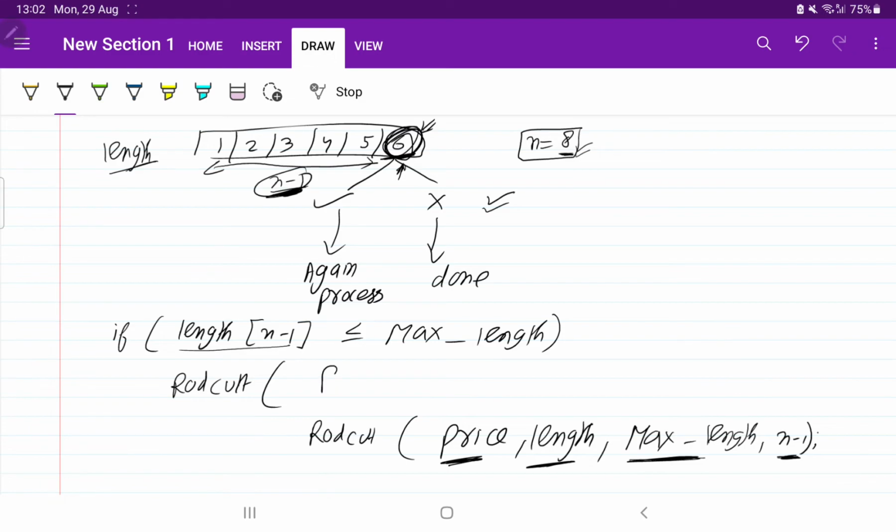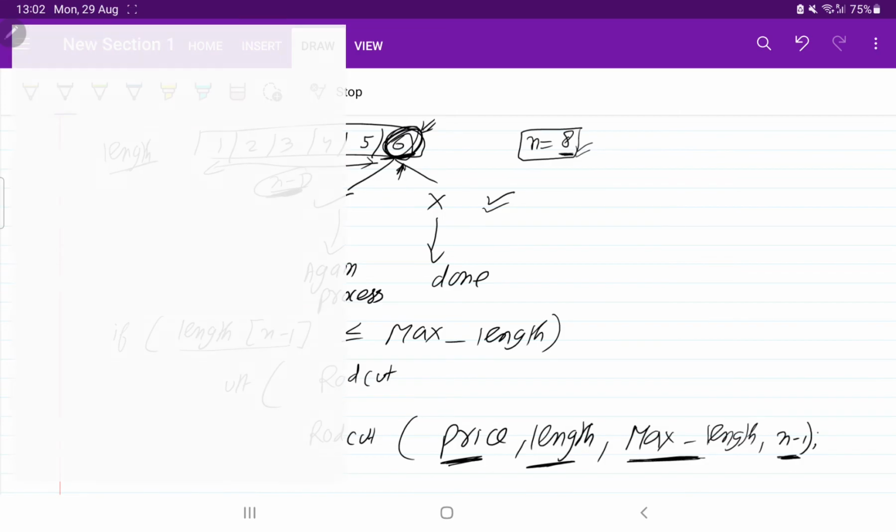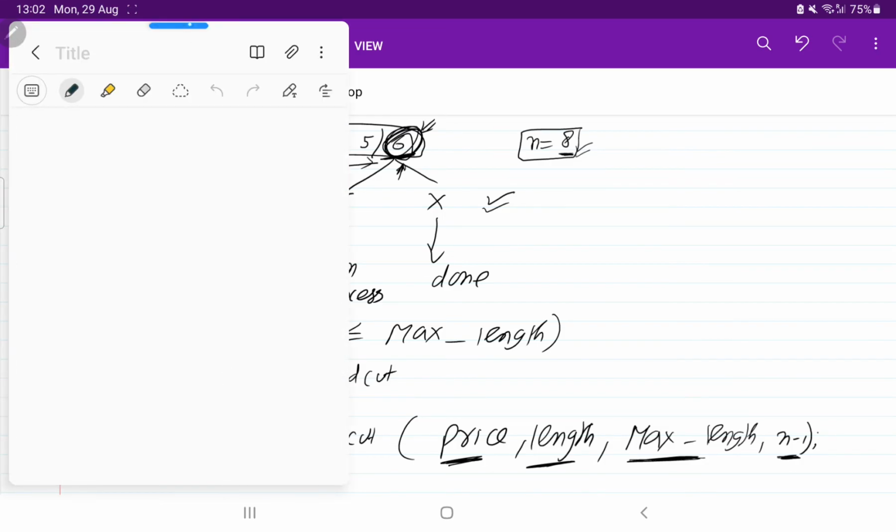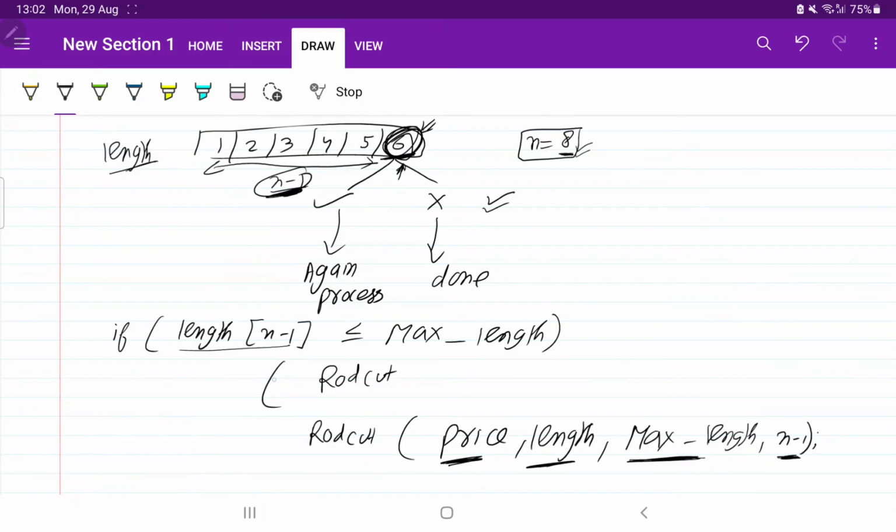Or we are going to call this rod cut function again. And again we are going to send this price and length array. But if we are selecting this, so the maximum length will decrease. So it will be max length minus length of n minus 1.